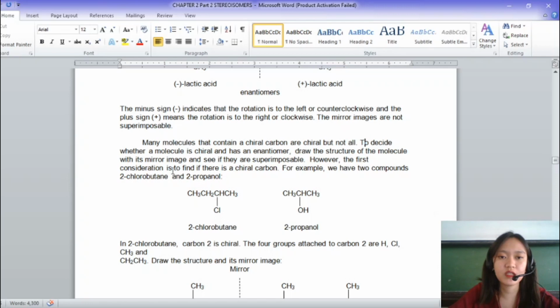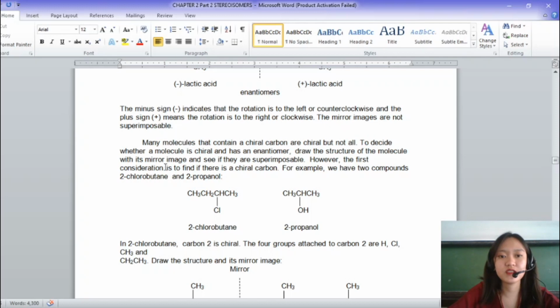And then after drawing its mirror image, see if the mirror images, the left and the right, are superimposable or not. If they are superimposable, then the molecule is achiral. And if the mirror images are not superimposable, then that molecule is chiral.